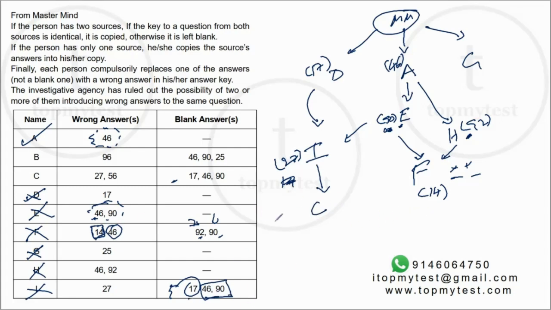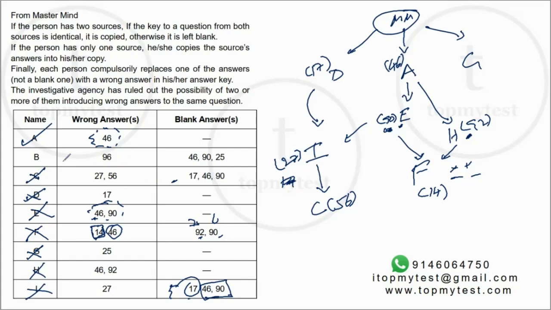He would assume question number 27 is the correct answer here. I has marked 27, so he will mark 27 as I has marked, which is actually the wrong answer. And then he'll introduce his own wrong answer, which is question number 56. So we can clearly infer that C took it from I.